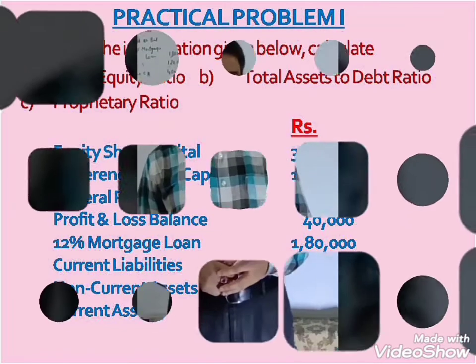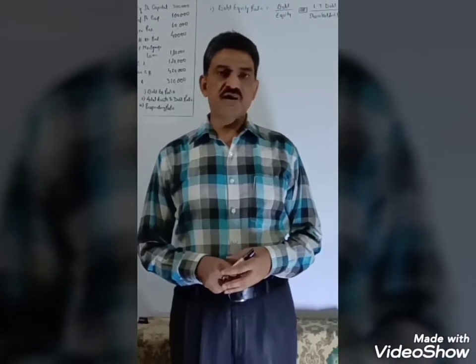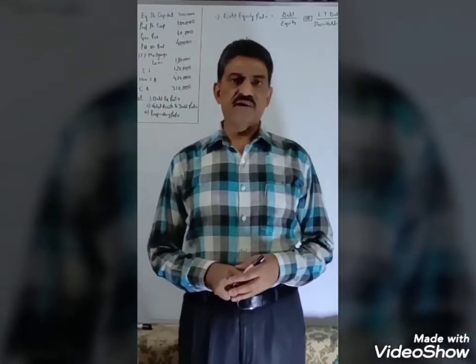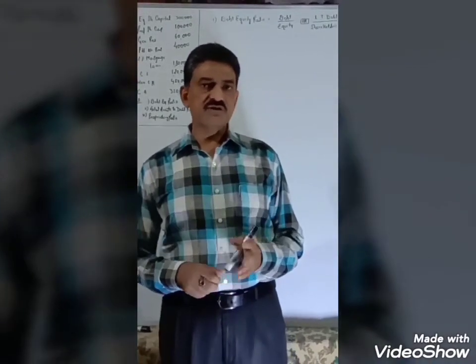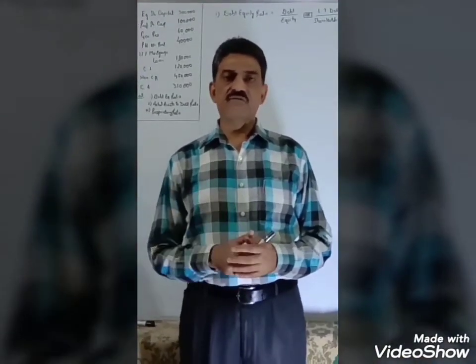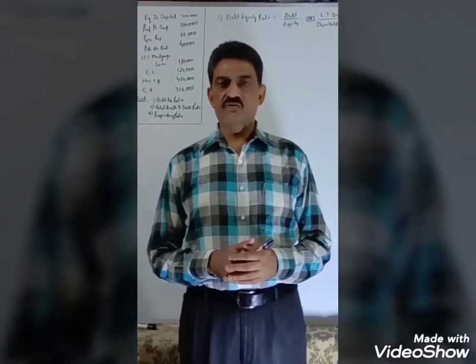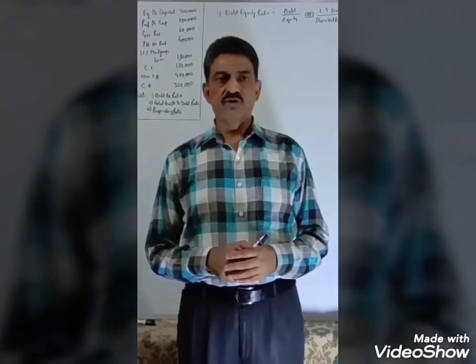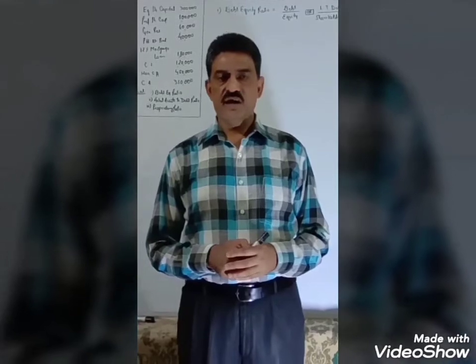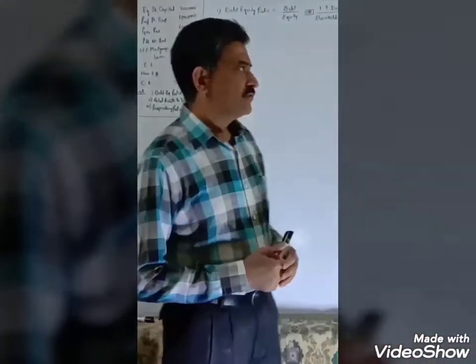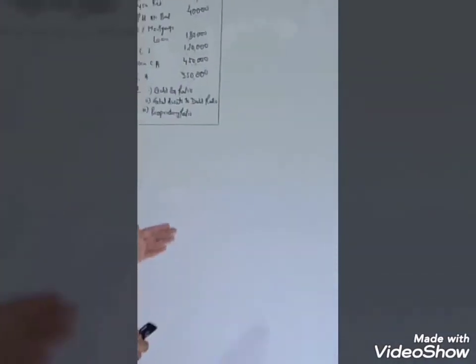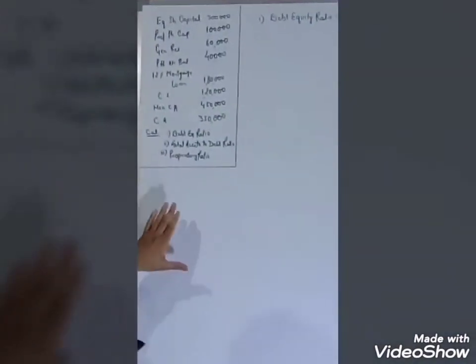Dear students, under the solvency ratios, we are going to calculate different types of solvency ratios or long-term ratios. These include the calculation of debt equity ratio, proprietary ratio, total assets to debt ratio, and interest coverage ratio. So first of all, the question that we had taken, I had just written a summary of that question.